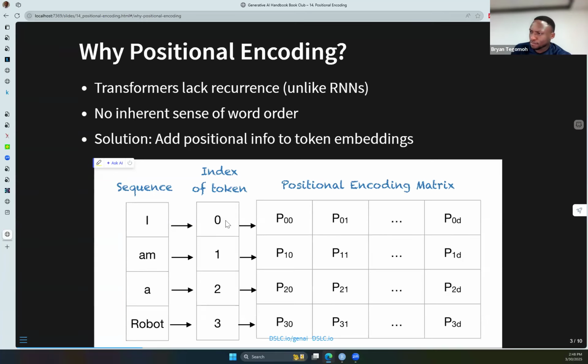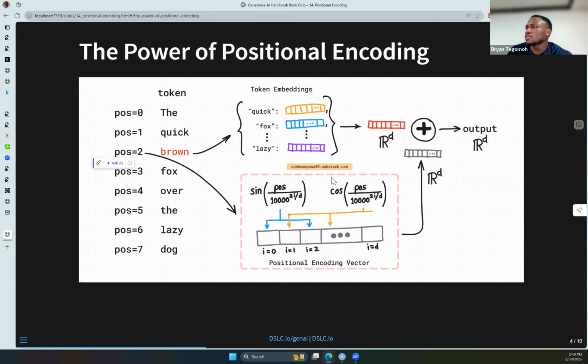Here the word "I" would be attributed position 0, and so on. So you can essentially have a matrix that has an infinite number of encodings.